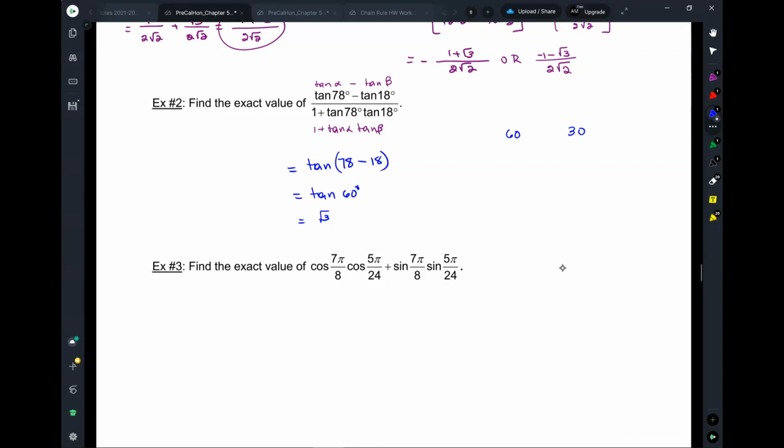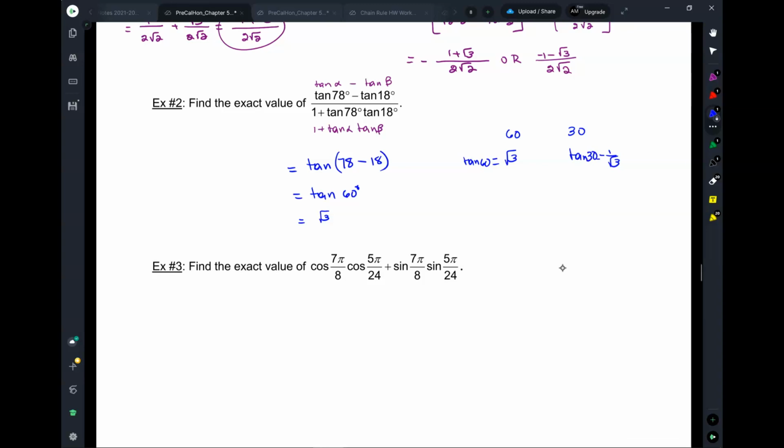There are only two options for the tangents of 30 or 60: either root 3 or 1 over root 3. Between root 3 and 1 over root 3, which is the bigger one? Root 3 is the bigger one, so it goes with the larger angle. 1 over root 3 is the smaller one, so it goes with the smaller angle.